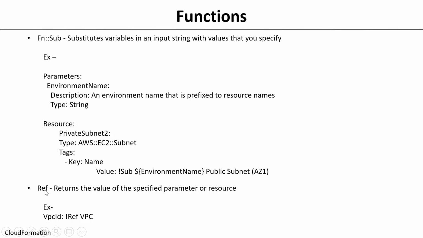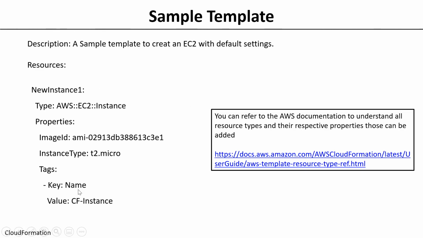Okay, then you have Ref, where you want to refer to certain IDs. Okay, then you will say a VPC. For example, if I go back to this example of creating an EC2, this EC2 I want to create in a VPC, my VPC that has been created as part of the stack.